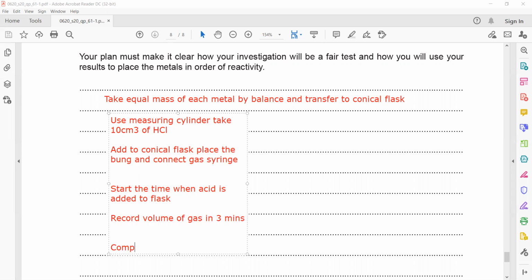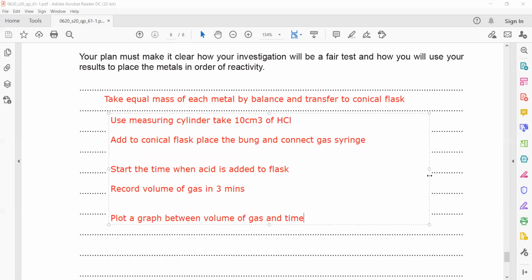Then plot a graph. You can plot a graph between volume of gas and time. Then compare the slopes.